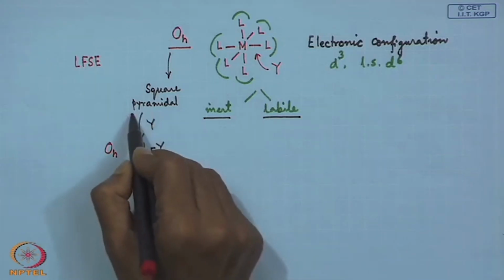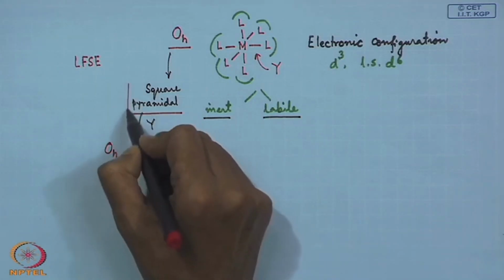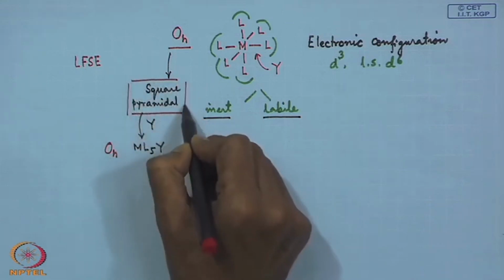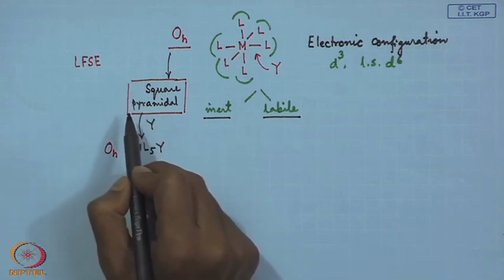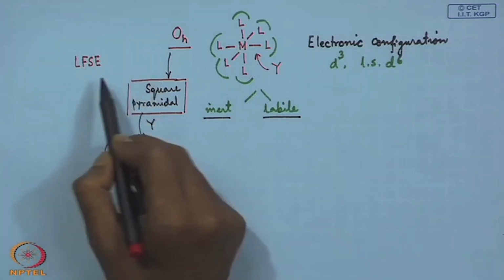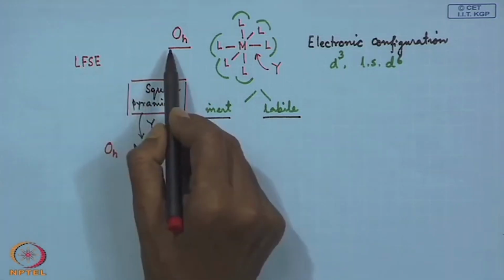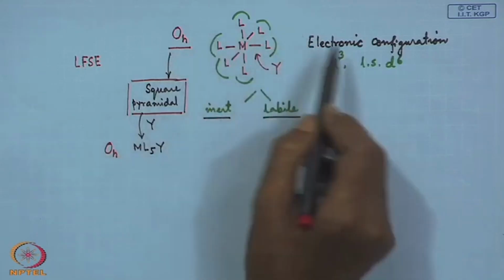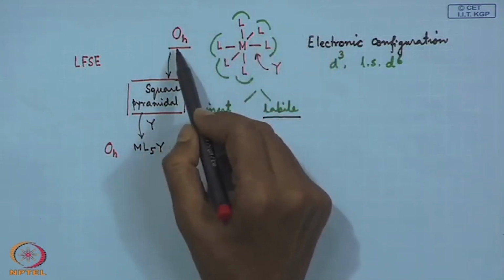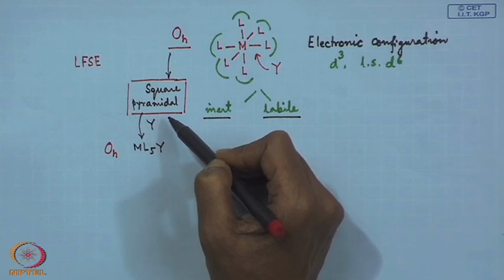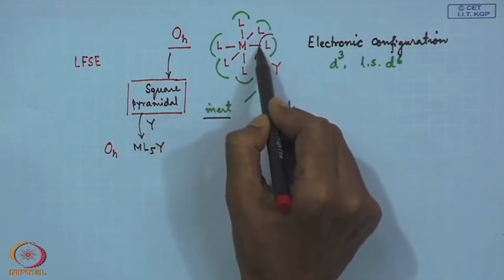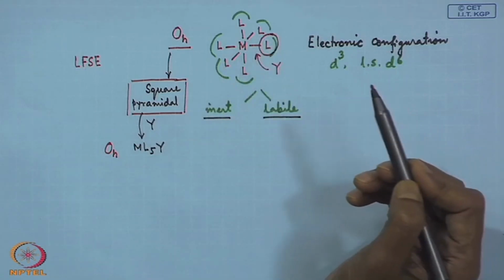To get this square pyramidal intermediate, we can see how this ligand field stabilization energy changes. So, straightaway we can calculate the ligand field stabilization energy for this electron configuration in octahedral geometry, and then we get the same for the other geometry, that means the square pyramidal geometry, when we have taken out one particular ligand from the metal environment.